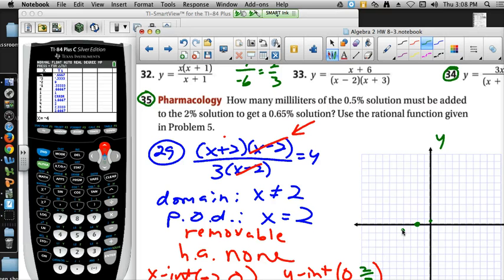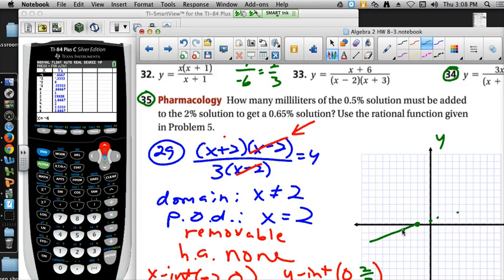And I have already the couple of points that I found with the x and y intercept. And then at 1, we have 1. At 2, again, we have to leave a hole in there, so let's go with 4, 2.